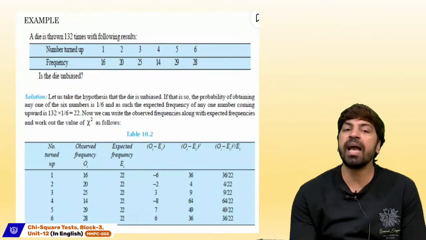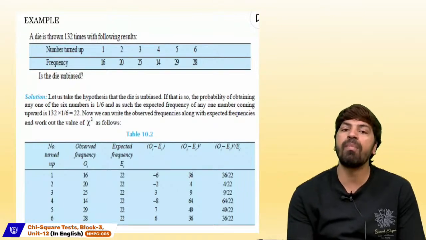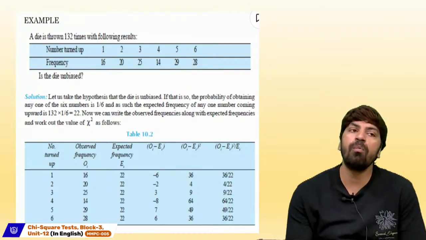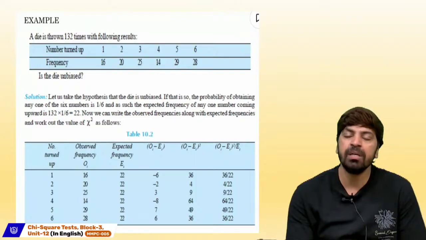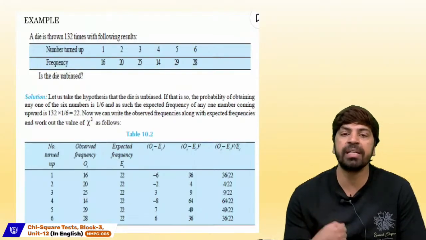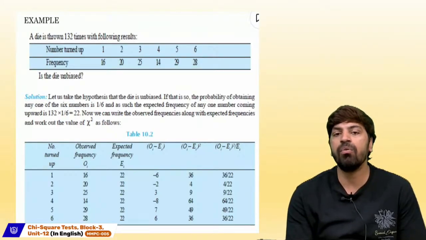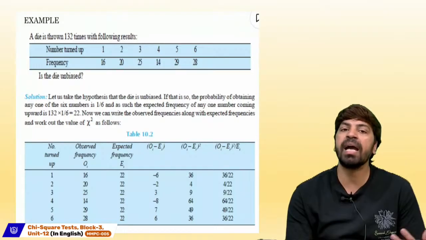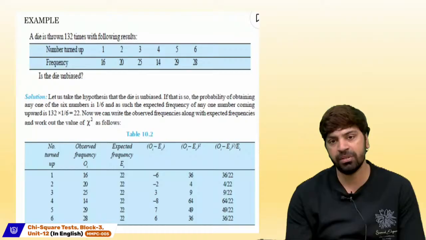So we need to calculate the chi-square value. The formula is O minus E whole square by E. O minus E whole square has already been calculated individually. We just divide O minus E whole square by E, and E is 22.